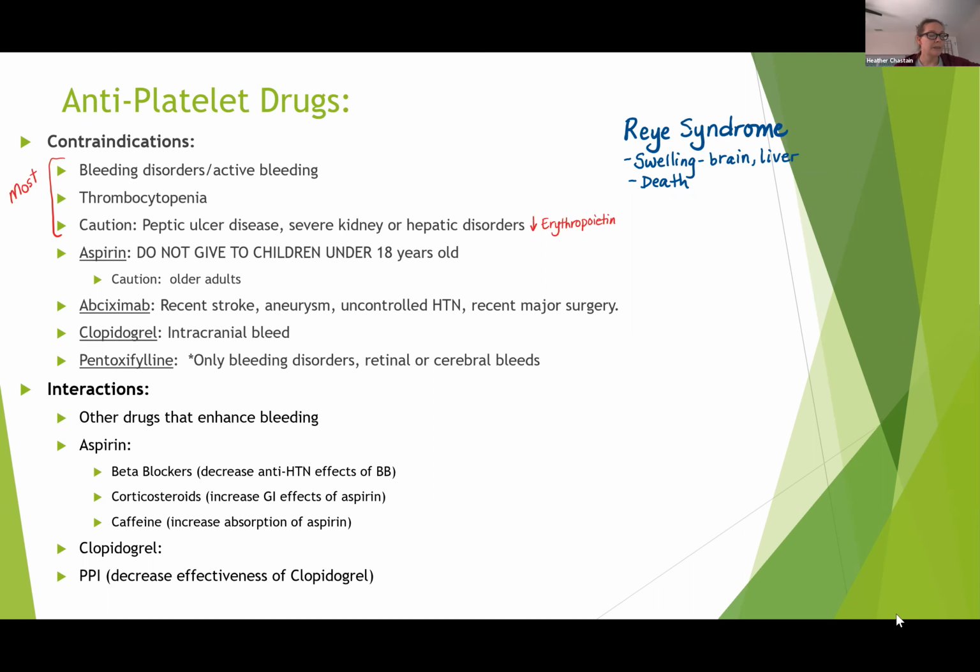It was kids who had a virus, and they were given aspirin to treat their symptoms. They think that maybe the aspirin triggered Reye syndrome. Not sure, but definitely do not give aspirin to kids under 18 years old. You want to use caution with older adults.